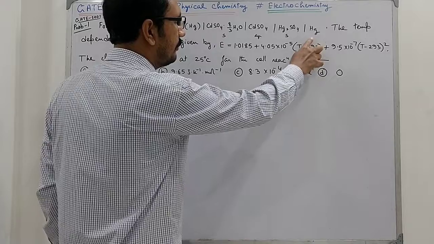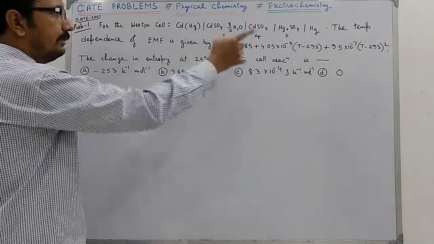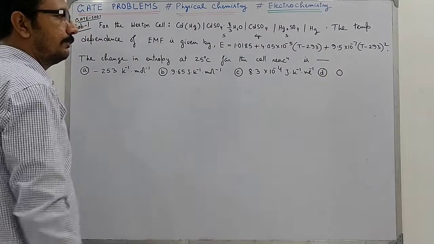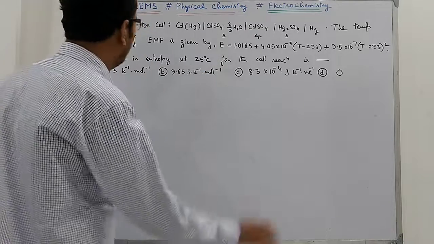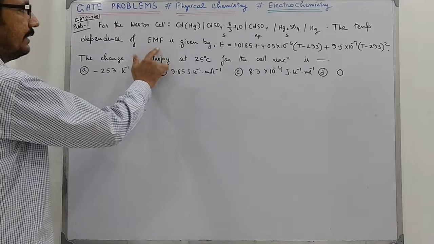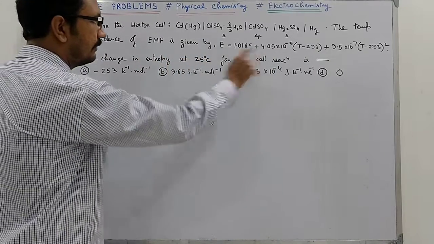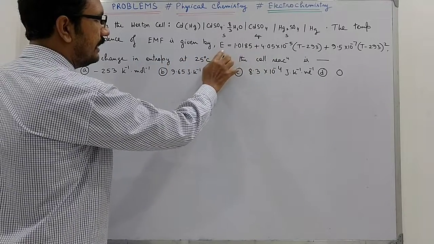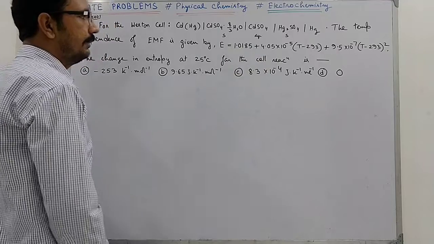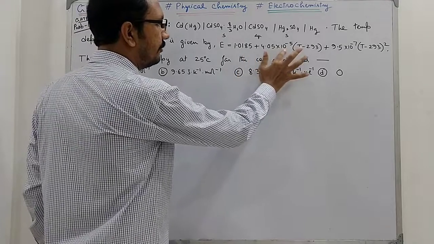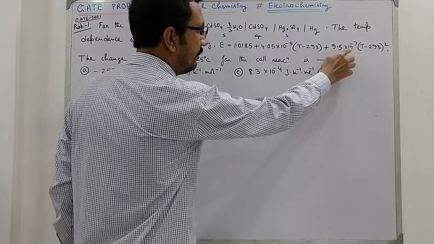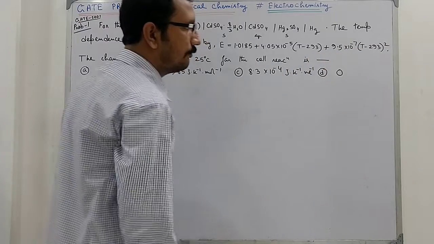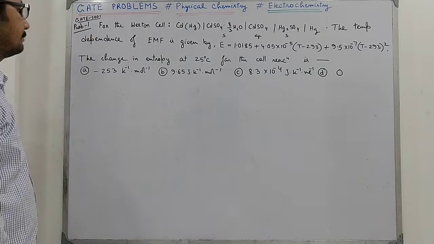Now here it is mercury. You need platinum at both the ends to draw the current or to close the external circuit. Now the temperature dependence of EMF is given by this expression: E equals 1.0185 plus 4.05 into 10 to the minus 5 into (T minus 293) plus 9.5 into 10 to the minus 7 into (T minus 293) whole square.